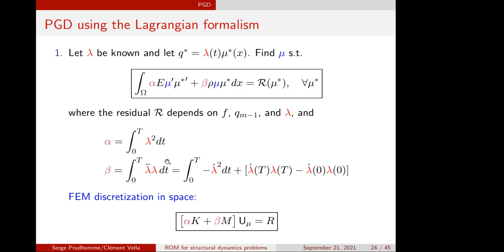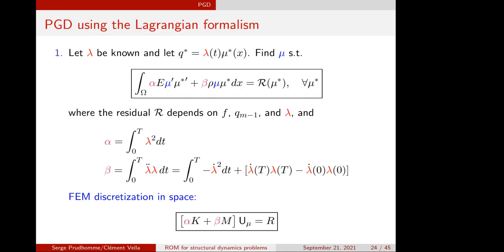We obtain a lambda double dot that we can rewrite as such, introducing only the first derivative of lambda. What is important is that now we have a problem in 1D to solve, the classical problem that we would obtain if we didn't have time.